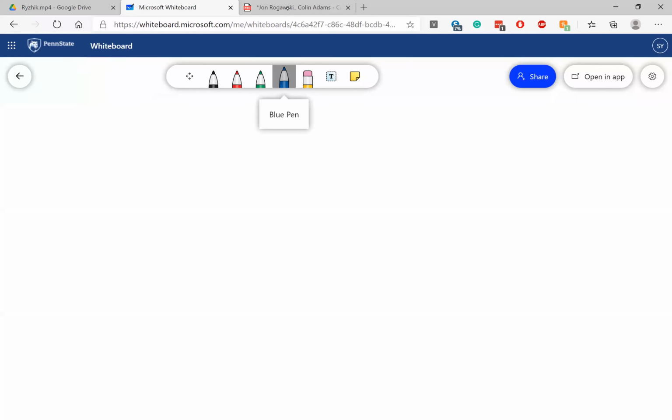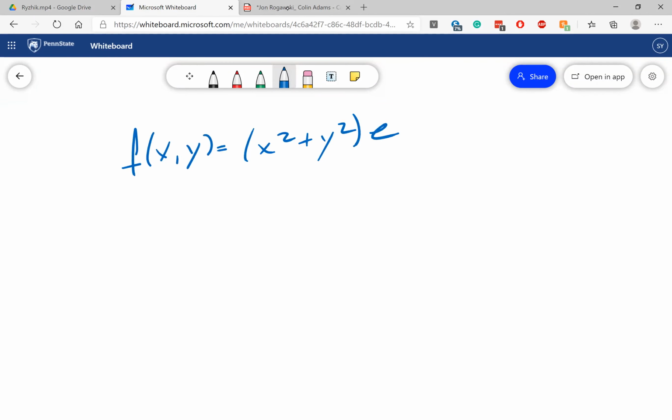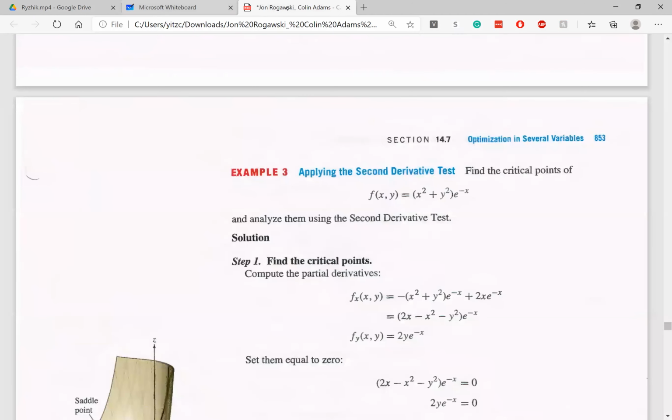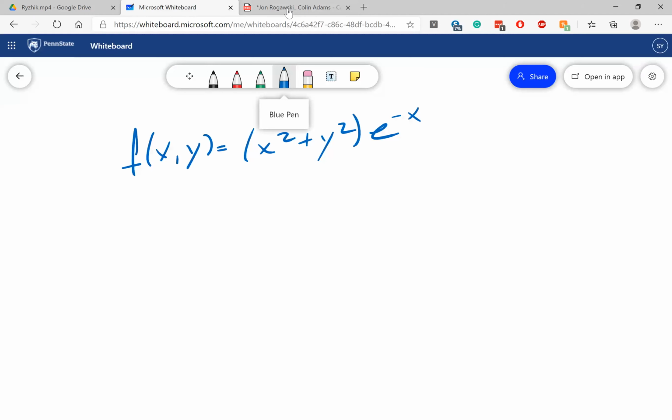So our function is f of x, y equal to x squared plus y squared, times e to the negative x. Okay, so let's first find the critical points.